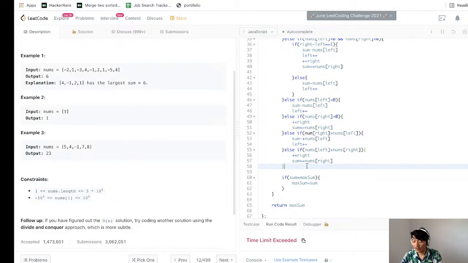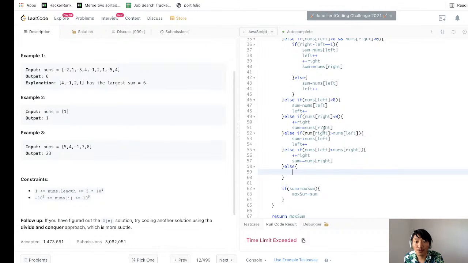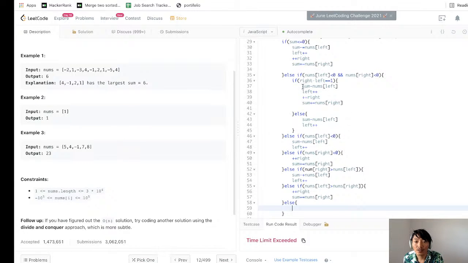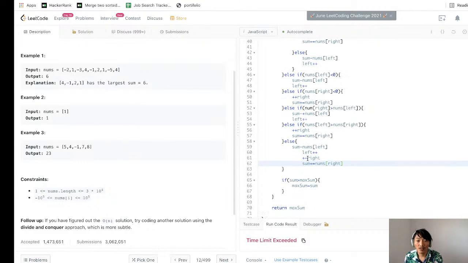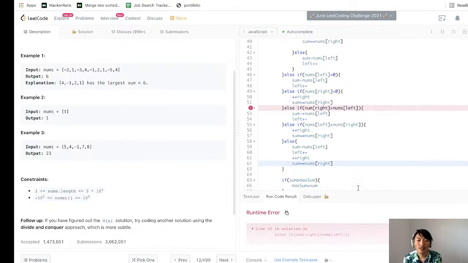All right. Else, what we need to do is copy this again. Here is the sum. Okay, so now I think we will not have the infinite loop at least.